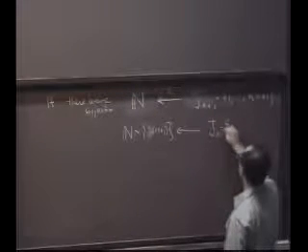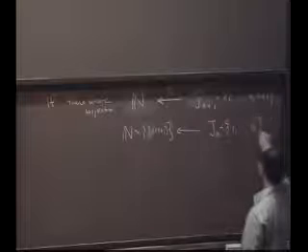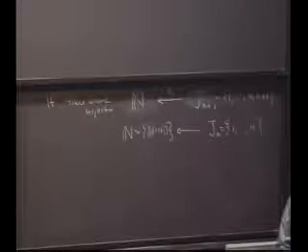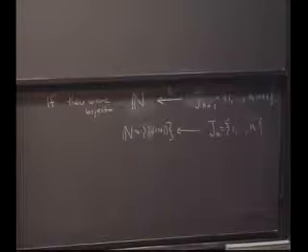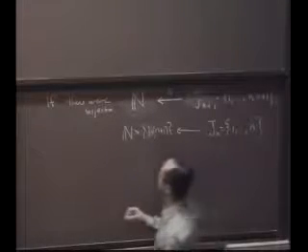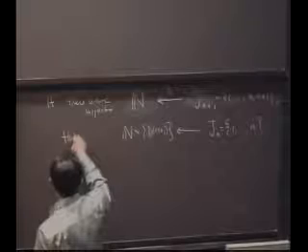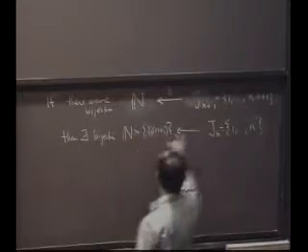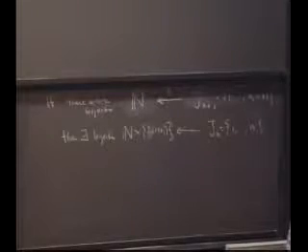J sub n. Agreed? Yeah? Oh. Then this would be a bijection. Then there exists a bijection between this and this. Yes?